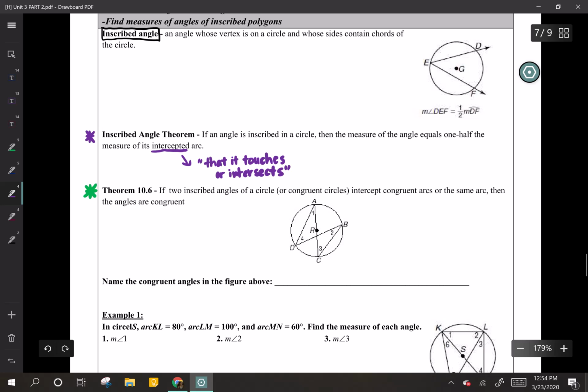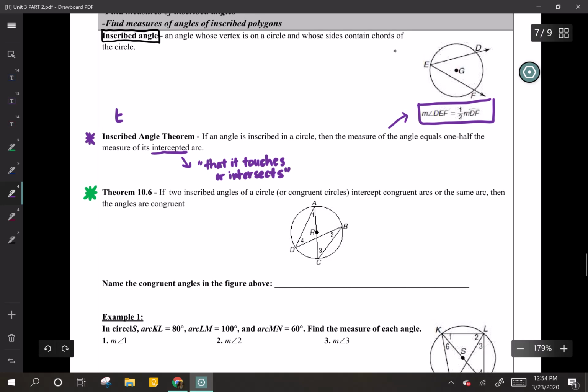Algebraically, this theorem is demonstrated up here. So if we have the measurement of angle DEF, that's the same as 1/2 of the measurement of its arc. As an example, let's say I tell you that arc DF is equal to 75 degrees.